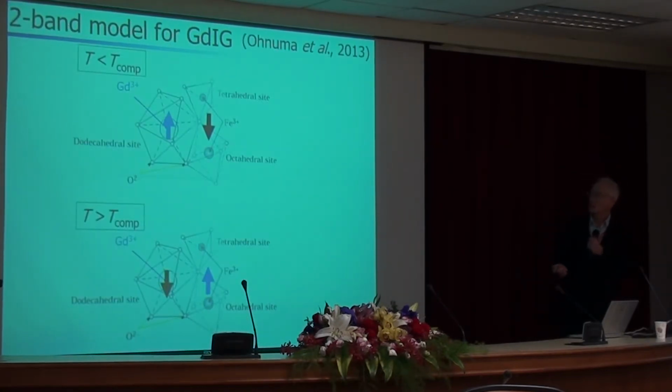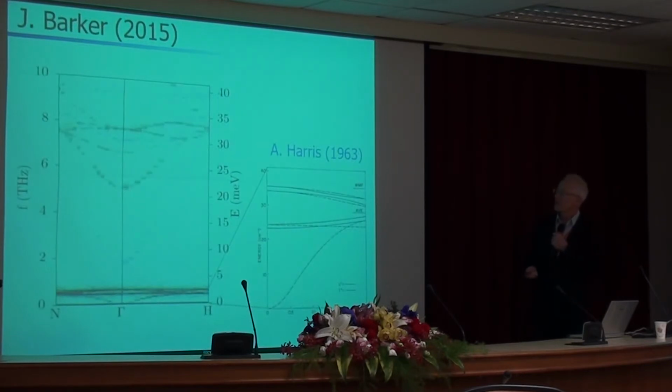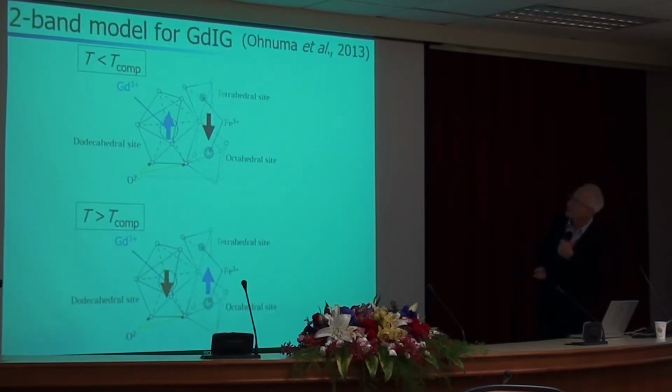Now in the Maekawa group, they looked at this problem in a simple two-subnet model, in which the irons are treated as one single spin band with interaction with the gadolinium.